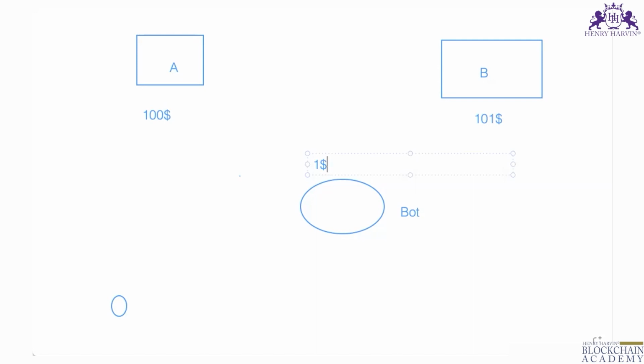Okay, this is the scenario with one Ethereum. What happens if we do the same transaction with 1 lakh Ethereum? Then the profit is $1 lakh.